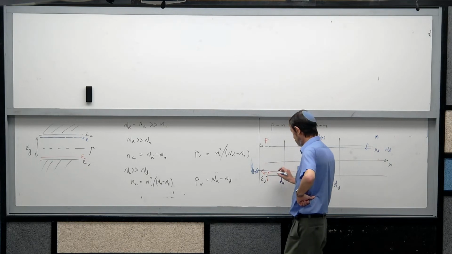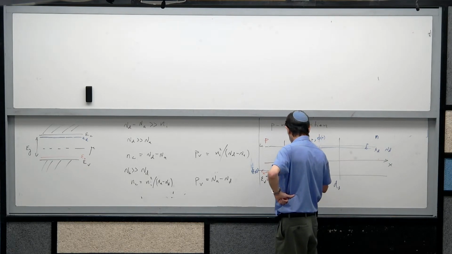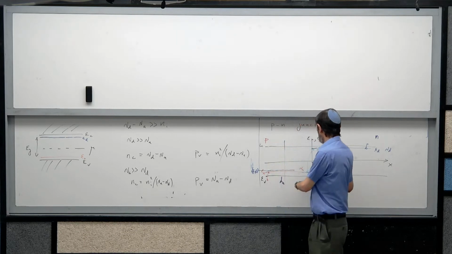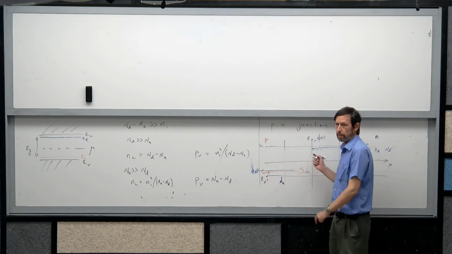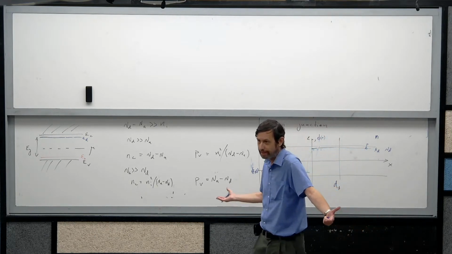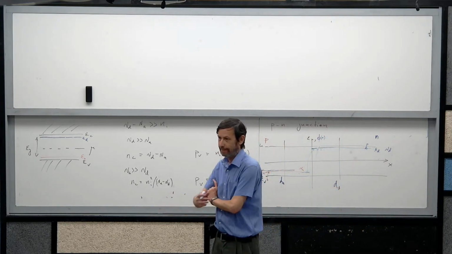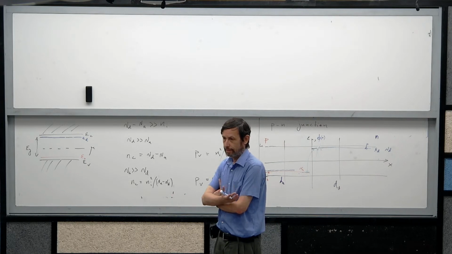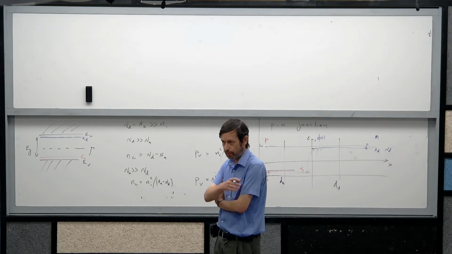Until here, these two guys just cancel each other and it remains phi minus infinity. So it doesn't cost me more energy to move it along the way because there is no electric field.